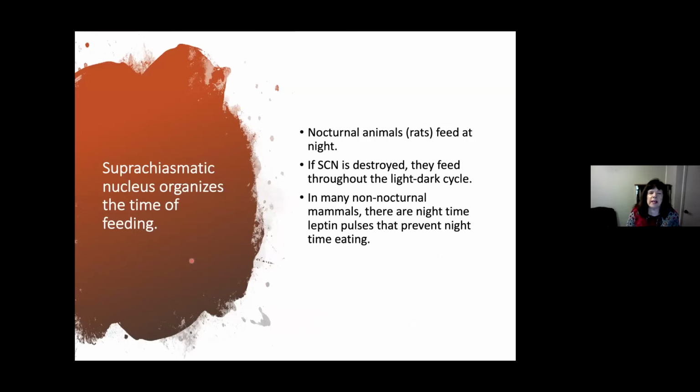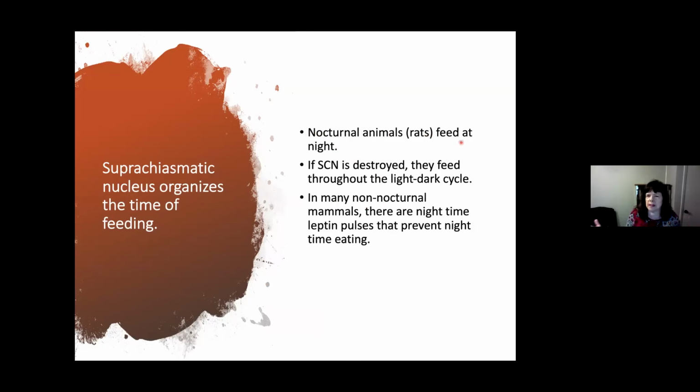So the other group of neurons that get involved are the suprachiasmatic nucleus. And so you remember the suprachiasmatic nucleus is important in the timing and diurnal rhythms. And so if you wonder why rats and mice feed at night, it's because of the suprachiasmatic nucleus. So when the sun goes down and melatonin is up, that is a signal that it's time to eat.